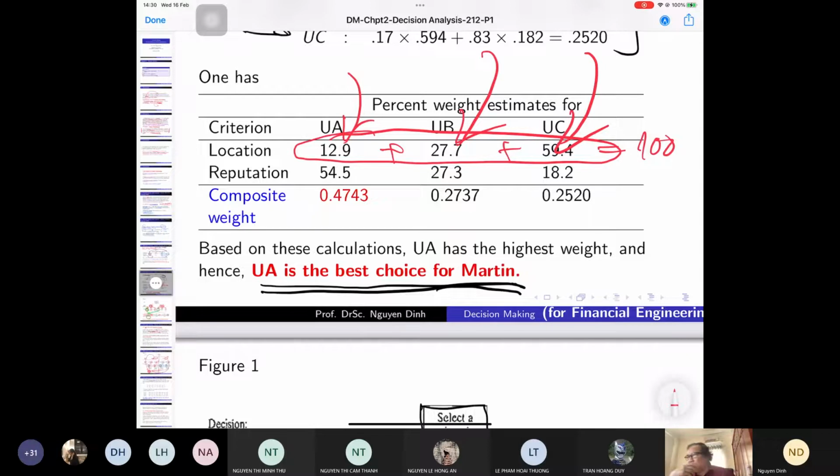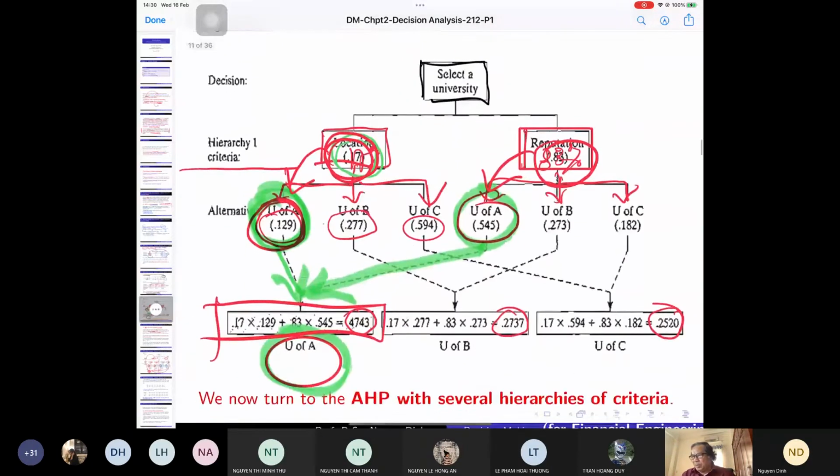Is it right? Yes. The sum of this is 100. That you write now in points. In this case, you write it in this way: 0, 0, 0. So the sum of this is 1. 1 means 100%.